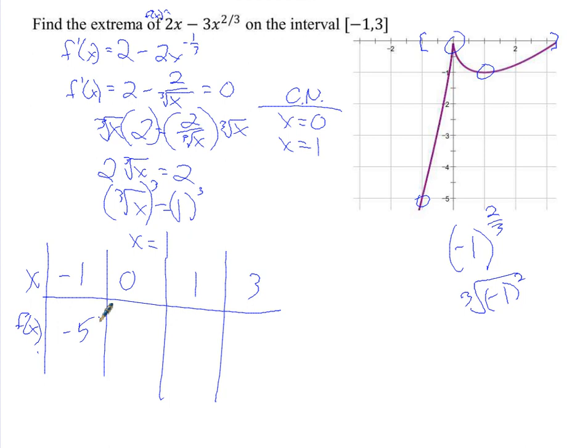Plug in 0 and we get 0, pretty obvious there. Plug in 1 and we get 2 minus 3 is -1, and then plug in 3.